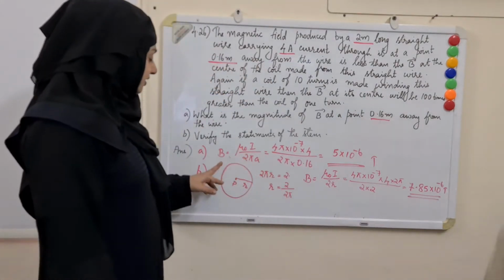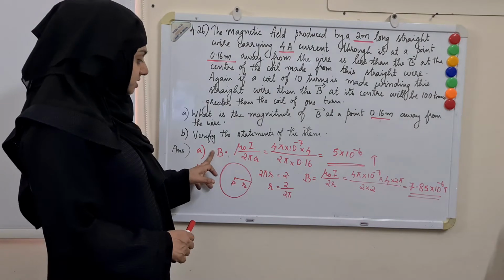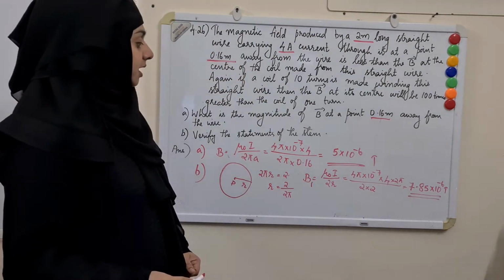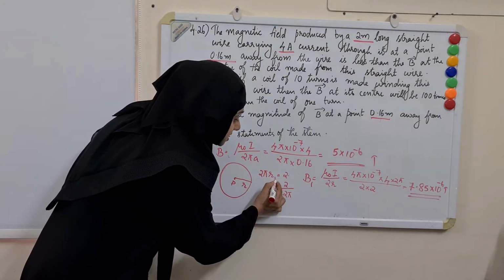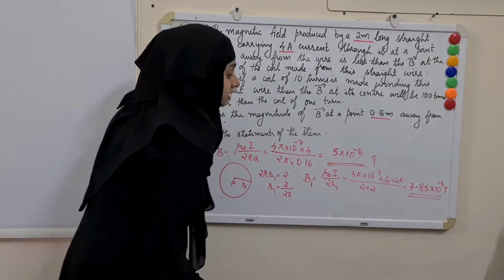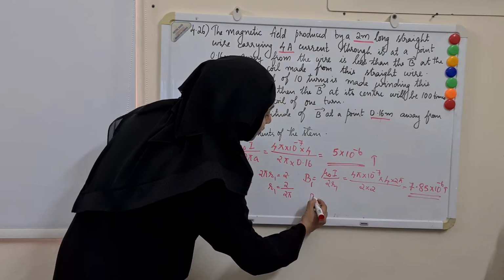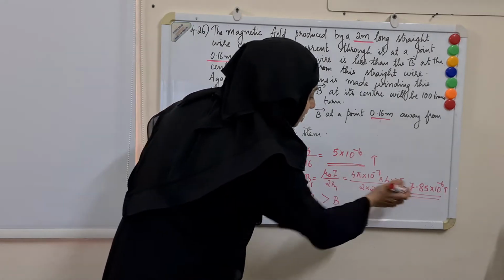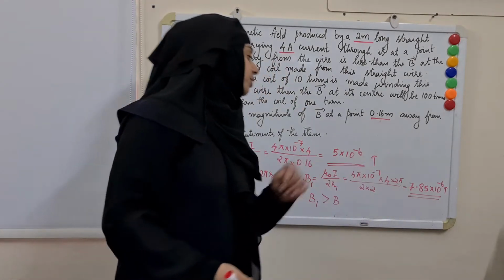So here, if I represent this as B and this as B1, with radius R1, then we know that B1 is greater than B from these two values. This is 5, this is 7.8.